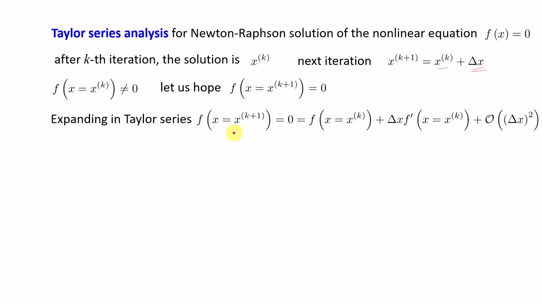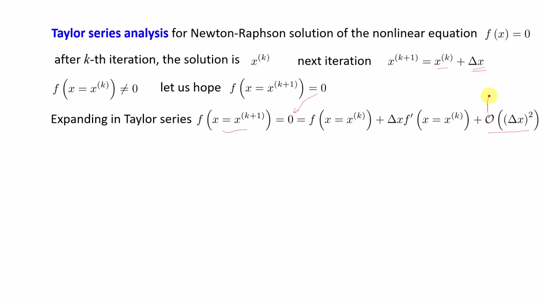So, xk plus 1 is xk plus delta x. If we expand this in Taylor series, the left side is 0, because I am hoping that it will be 0, but the Taylor series expansion is f of x at xk, plus delta x f prime at xk, plus delta x square by 2 f double prime, plus delta x cube by 3 factorial f triple prime, etc. We are not writing all these terms, rather we are writing this O sign.